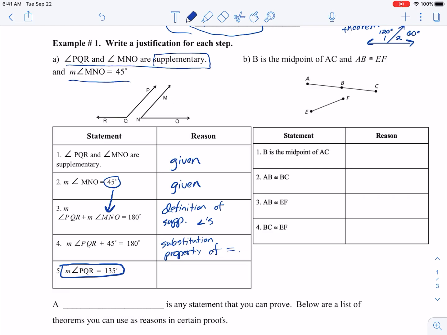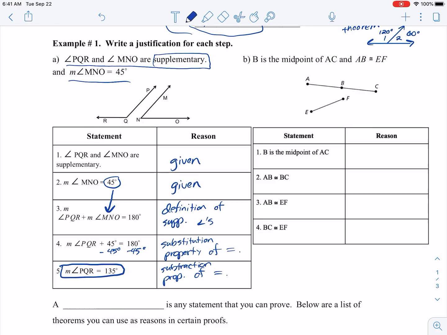And then your last step, if you're trying to show that the measure of angle PQR is 135 degrees, you're just subtracting that 45 degrees over to both sides, which would be the subtraction property of equality, which you used a bunch on the previous night's homework when you were solving algebraic proofs.